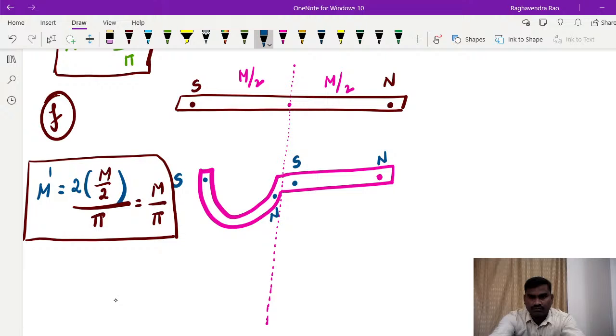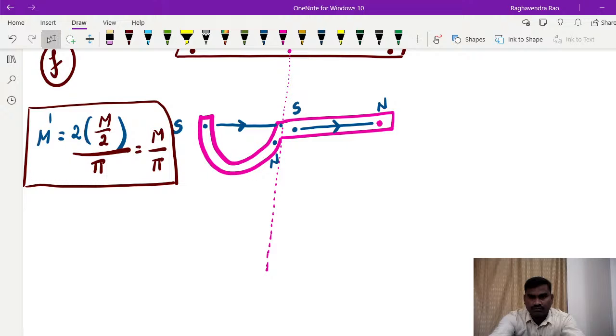What is the net magnetic moment of this part? To calculate net magnetic moment, we need to identify the direction. This part's magnetic moment is directed south to north like this. Again, as this is north pole and this is south pole, this bar magnetic moment is also acting like this. Now both are along the same direction, so what is the net magnetic moment?